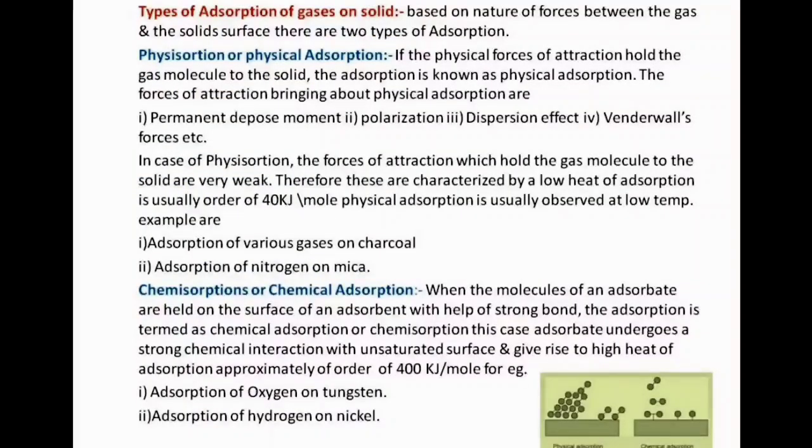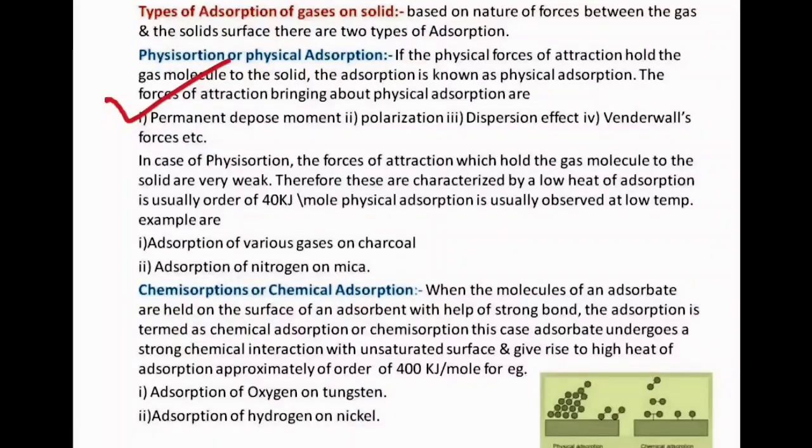Now let us discuss types of adsorption of gases on solids. There are two main types depending on the nature of forces between the gas and the solid. First, physical adsorption. If physical forces of attraction hold the gas molecules to the solid, the adsorption is known as physical adsorption.